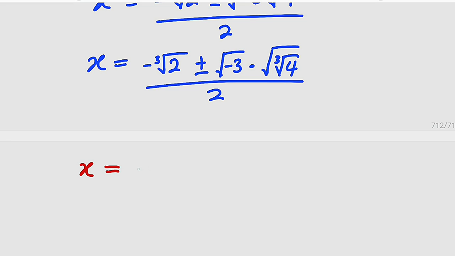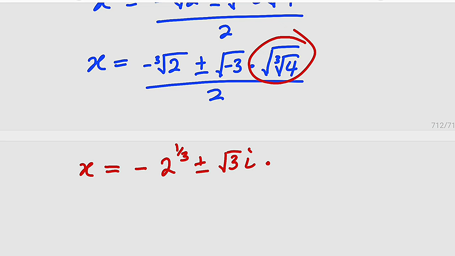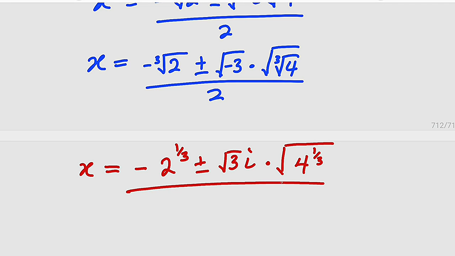X equal to minus 2 raised to the power of 1 divided by 3. You know this is the same thing as this one. Plus or minus square root of 3i, then multiplied by, how can we simplify this? It is the same thing as the square root of what? 4 raised to the power of 1 divided by 3, right? Divide by 2.